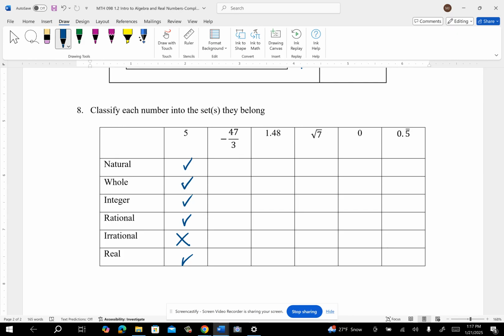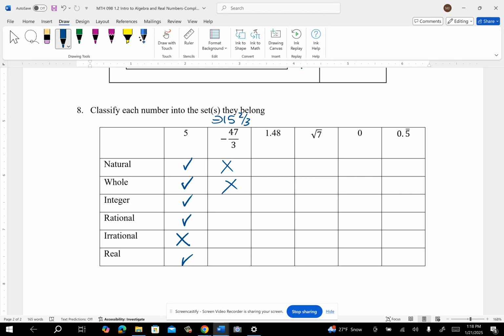All right, negative 47 thirds, okay? So that one doesn't simplify to be very nice, right? It would be like, what is it, like 12 and a little something. So it's not a natural number. It's not a whole number, because those are really nice. It has a negative, but it's not an integer, because that's really negative 15 and 2/3.